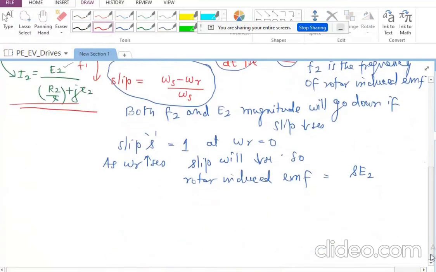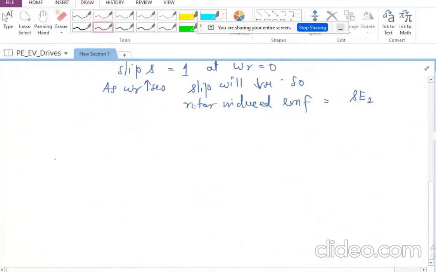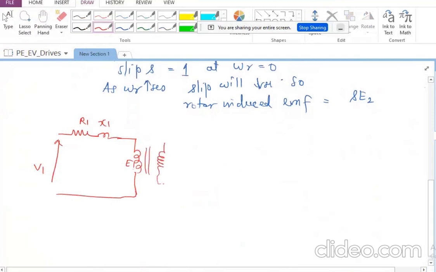Now, we can draw the equivalent circuit somewhat like this. I'm going to have R1, I'm going to have X1, and I have got E1, and I have got V1 being applied here. And on the other side, I am going to have S times E2, which I have converted into E2 now.